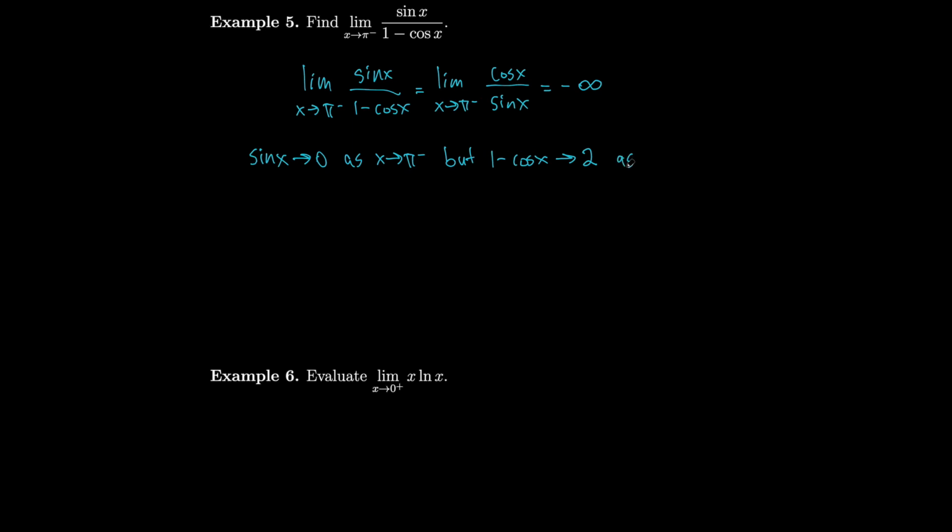So this thing approaches 2 as x approaches pi from the left. This is not indeterminate of the form 0 over 0 or infinity over infinity. It's of the form 0 over 2. So we cannot use L'Hopital. So this limit definitely does not equal minus infinity.